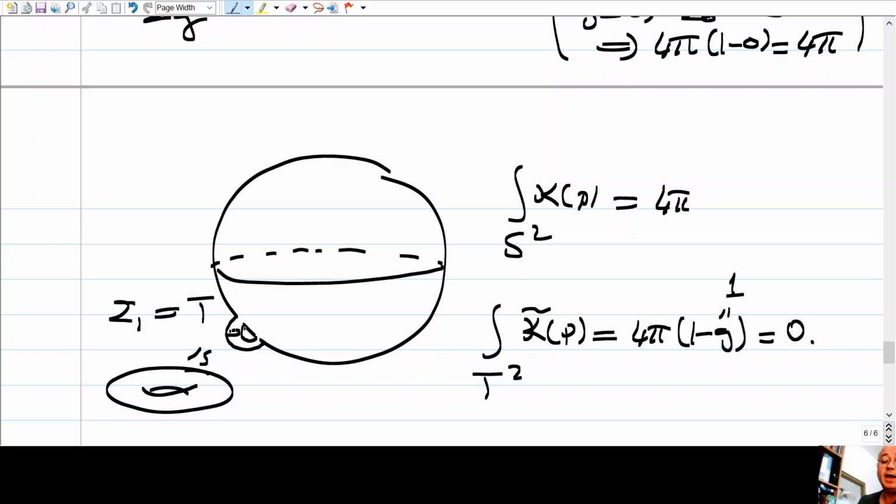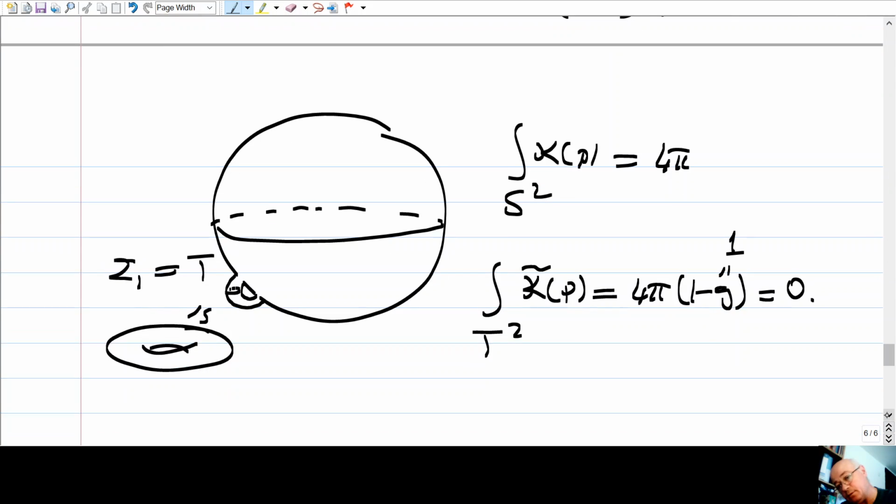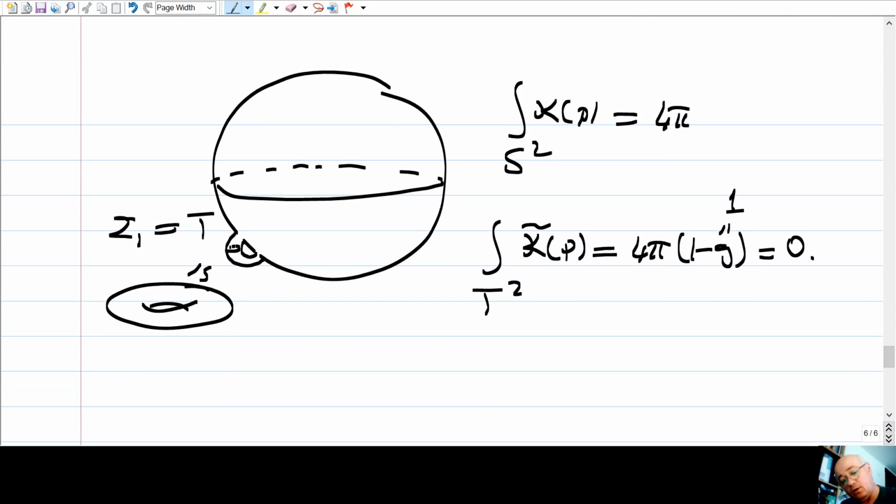So even if you add a very small handle to the sphere, you change the topology of the surface, and therefore by the Gauss-Bonnet theorem, the total integral of the Gaussian curvature changes drastically. So here it becomes 0. Okay, so this is a very powerful result. All right, let's stop for today. I'll continue next time.